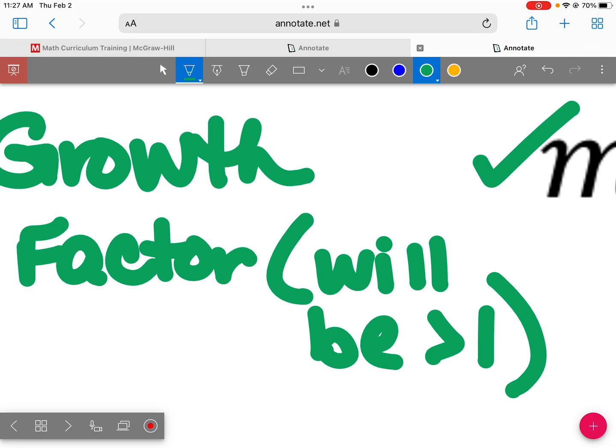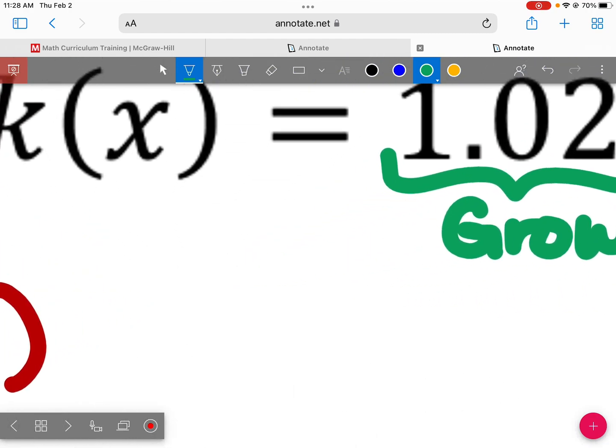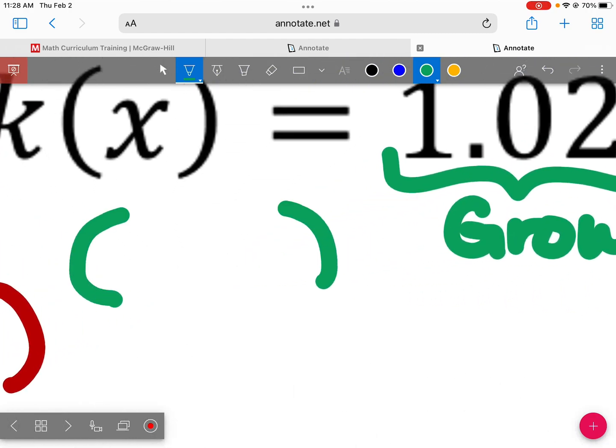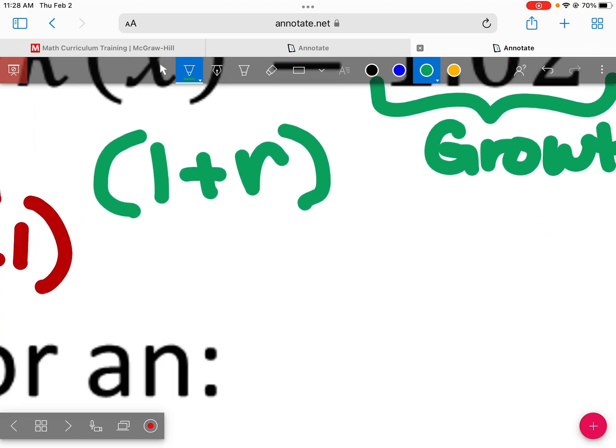What percent is it growing by? What percent is it growing by? Close. You're very close, Precious. 2%. How do we find a growth factor? What did this look like? Was it 1 minus R like the decay? 1 plus R. Well, when we did 1 plus R, it gave us what?